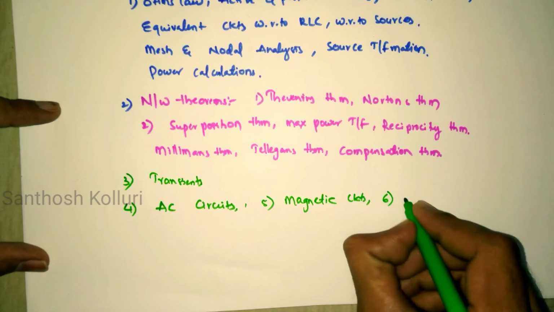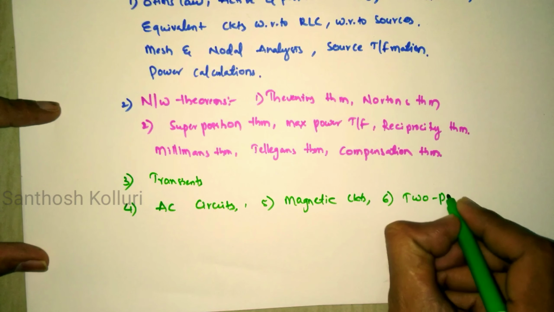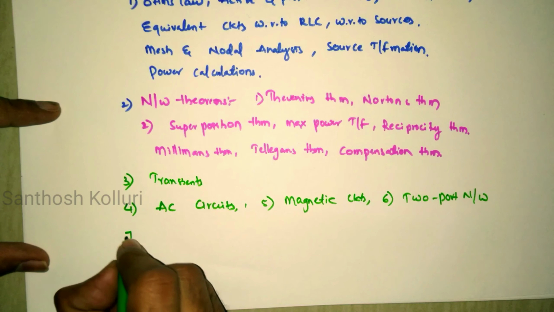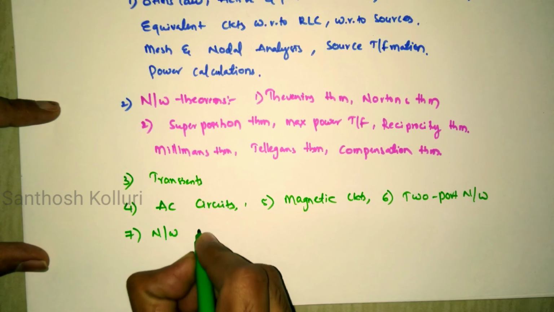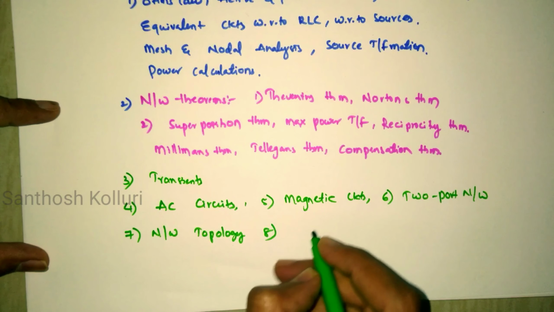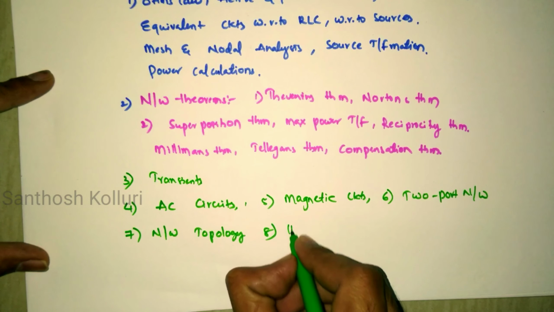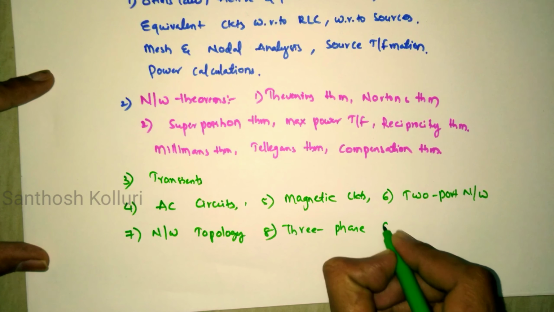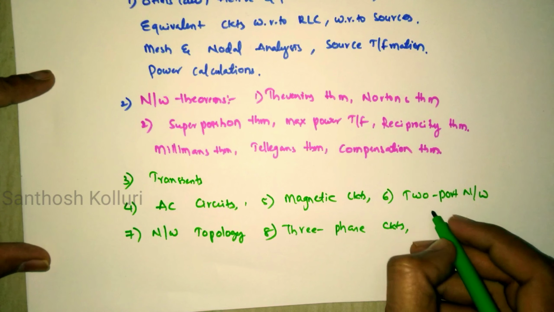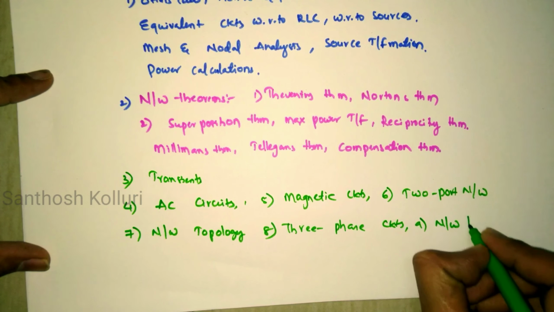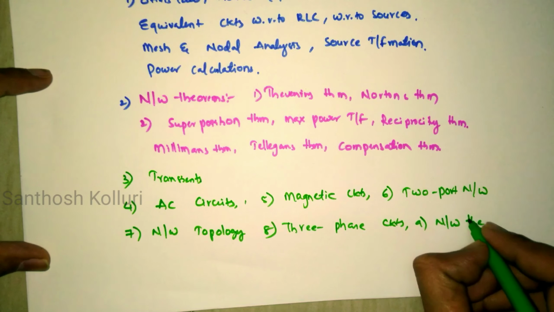The sixth one is two-port networks. The seventh one is network topology. The eighth one is three-phase circuits. The ninth one is network synthesis.